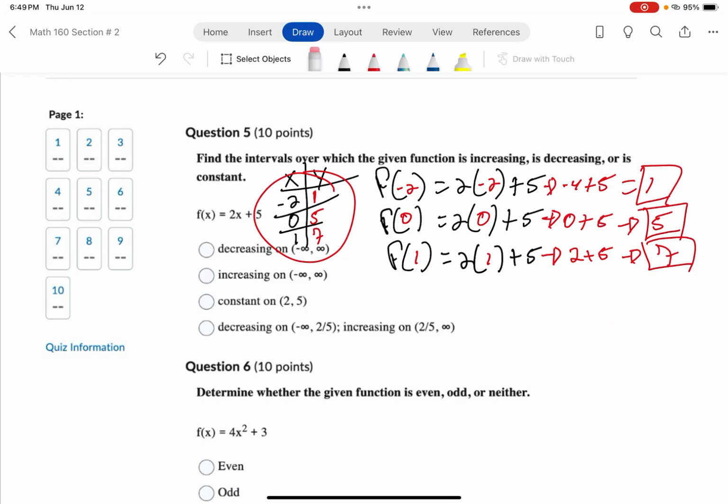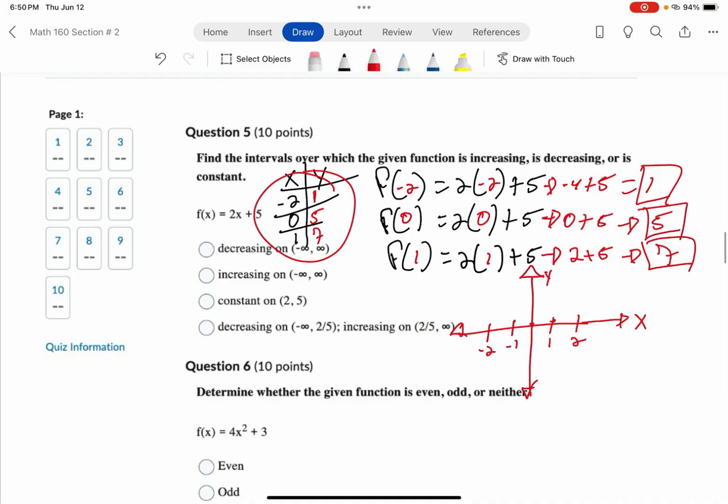Sorry for the graph. This is my x and this is my y. For the x, I will write 2 divisions, and here 2 more to the negative side. Here will be minus 2, minus 1, and in the middle is 0, right?